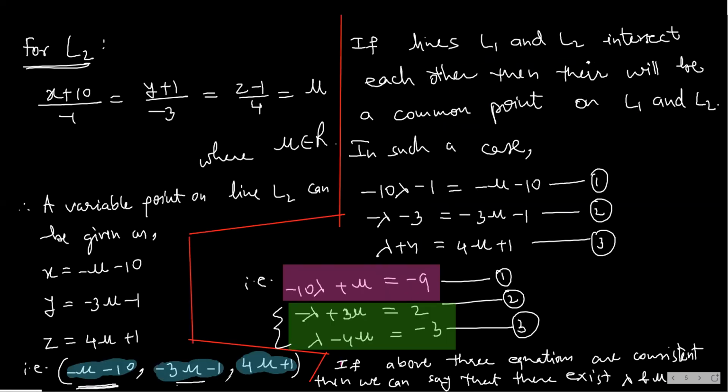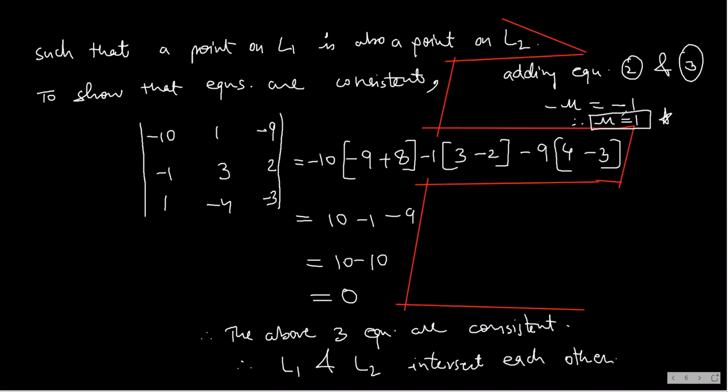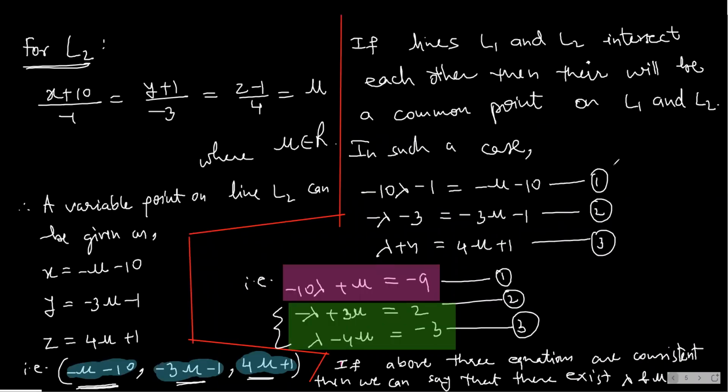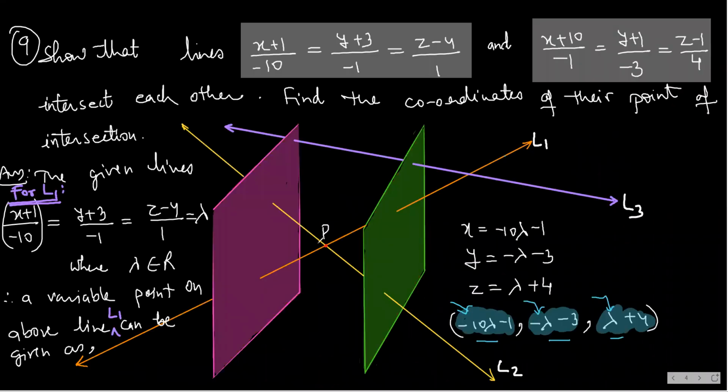You remember what this is? This is the way you represent a variable point on L2. Remember, this represents infinite points, because for every point there would be a specific mu value. So when you get mu as 1, that value is very specific for this point.